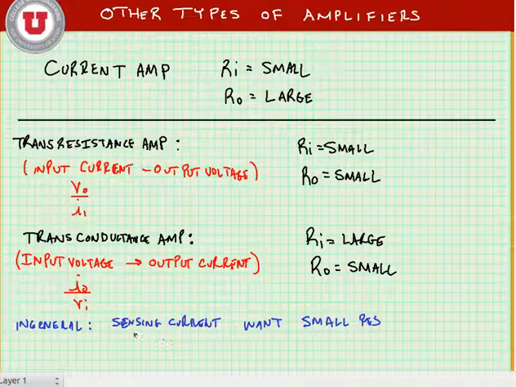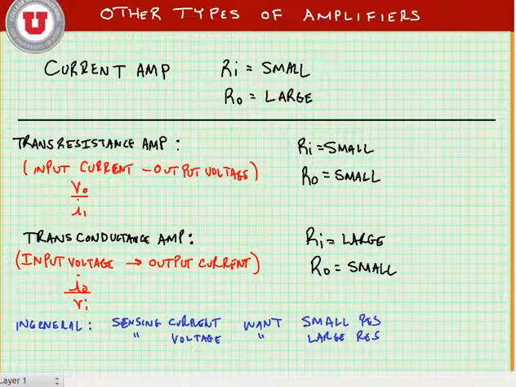If we're sensing a voltage, we want a large resistance. Think to what your ideal multimeter looks like. In your multimeter, when you're measuring a voltage, the impedance of the probe should be nearly infinite, or at least very, very large. And when you're measuring a current, you want the resistance of the probe to be very small. Same thing here. In our feedback loop, we'd like current sensing to be small resistive and voltage sensing to be large resistive.